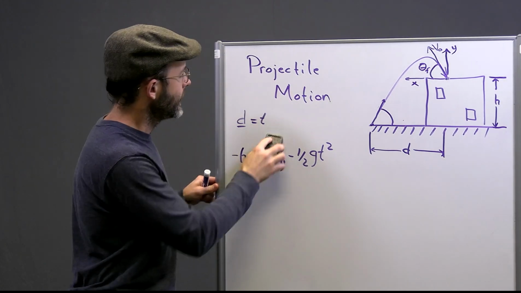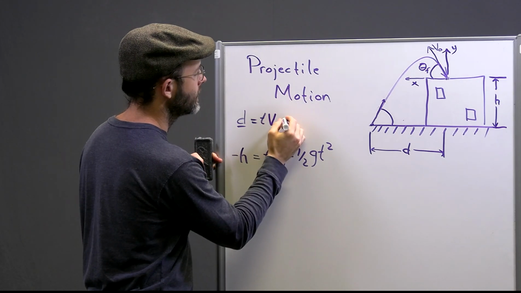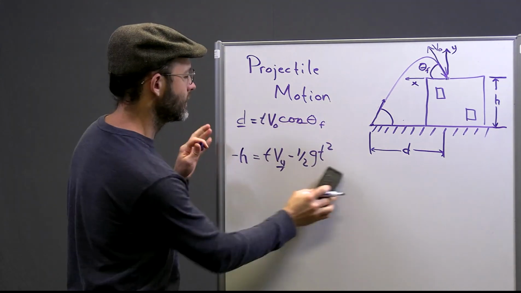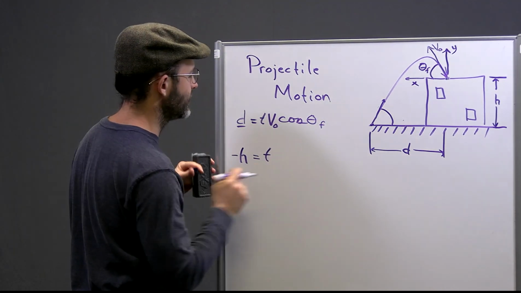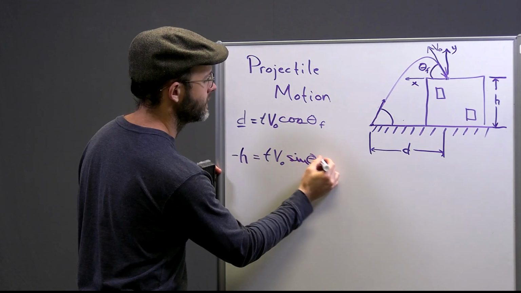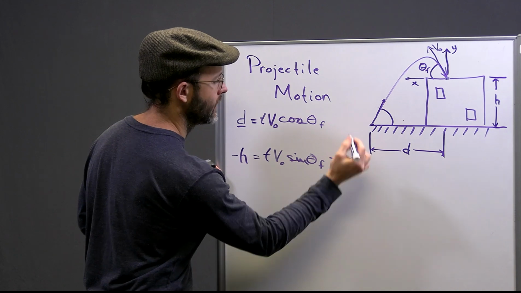I can rewrite this as d equals t v naught cos theta f. Then I'm going to expand this a little bit for space. This will be negative h equals t v naught sine theta f minus 1/2 gt squared.